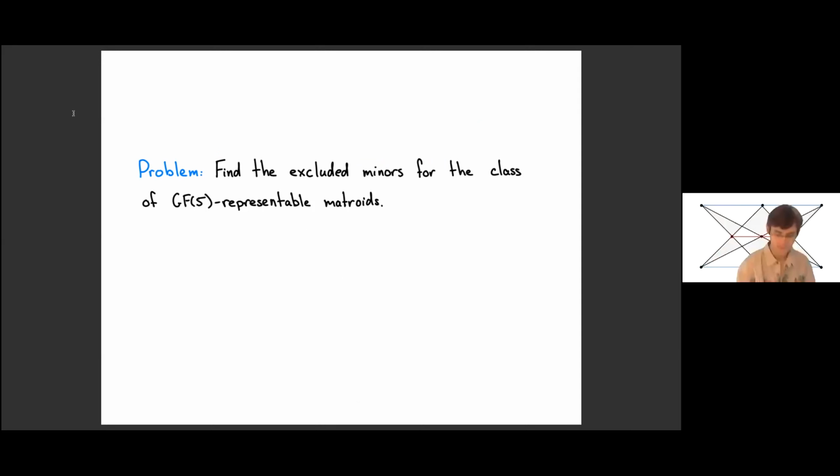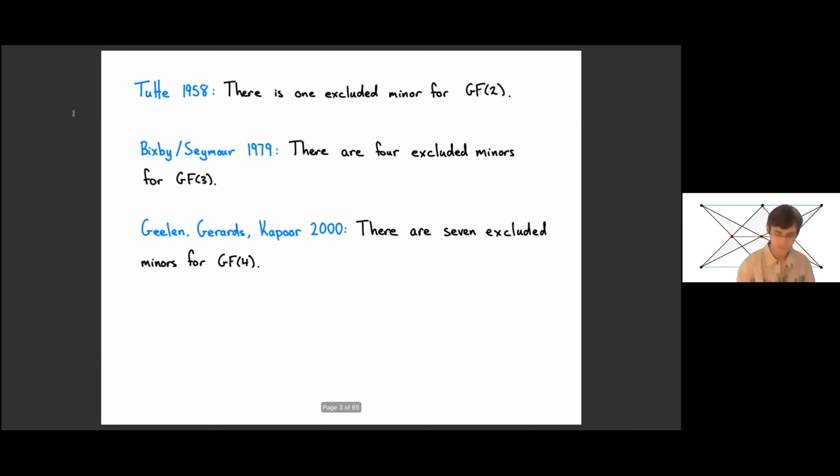The excluded minors have been found for fields of size 2, 3, and 4.